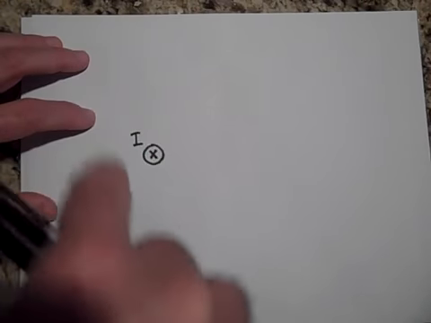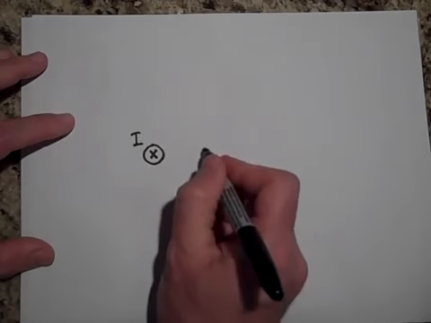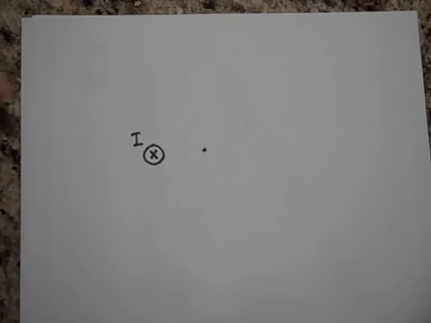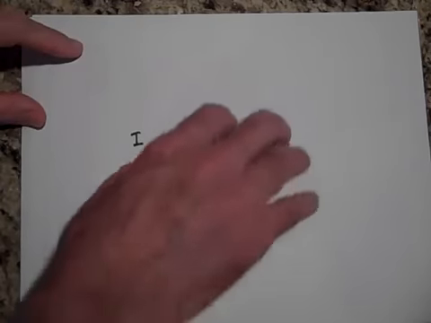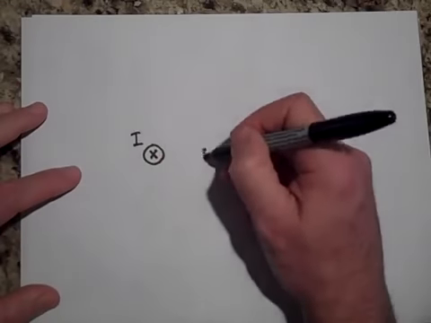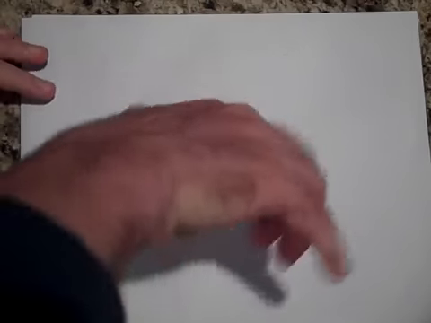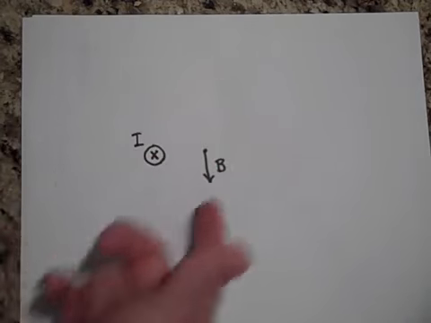I drew an X, so the current's actually heading into the page. Now if I want to know the field right here, the field is circulating around, and the field right here is down. Using my right hand rule, I found that. Let's see. Yeah, it curls this way. Put my right hand thumb in the direction of the current, and it curls like that.